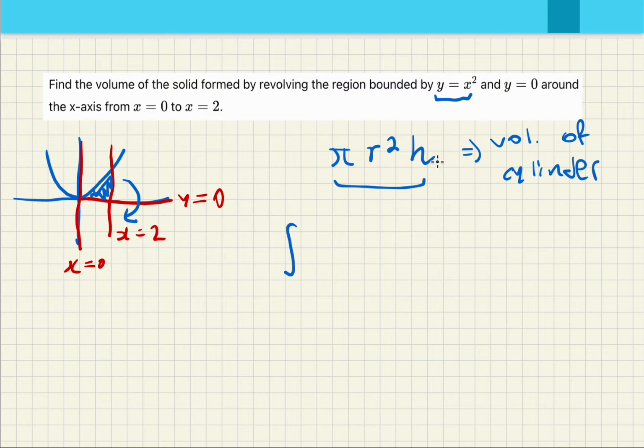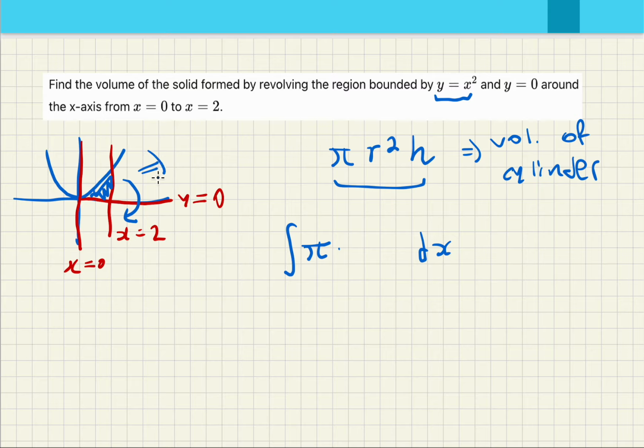we can replace the height of this equation with dx. So dx, if you recall, we use it in an integration, is just an infinitely small piece of this figure. And so we can replace h with dx, and then if you plug in pi r squared, you can say pi, and then r in this case, what is the radius of this figure?